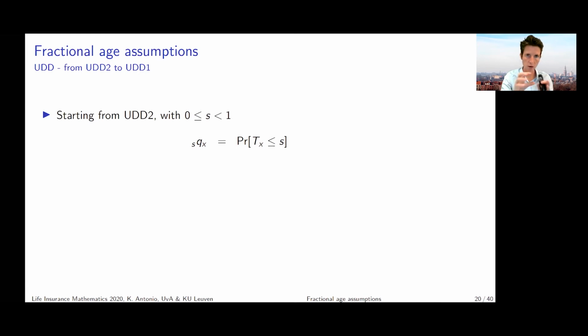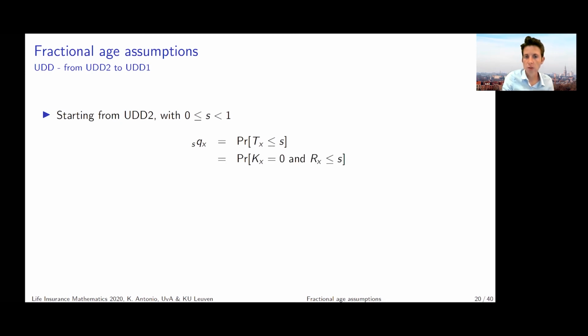So we're going to start with the UDD as formulated in the second way, and we're going to look at this mortality probability. So sqx, that's the probability that Tx is less than or equal to s. We're going to work with an s between 0 and 1, because that's how we work with fractional age assumptions.